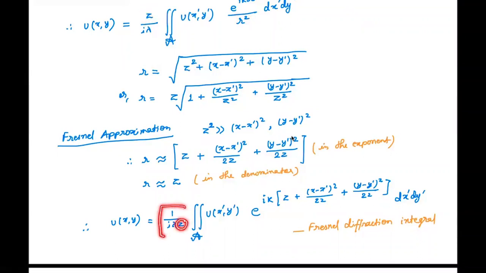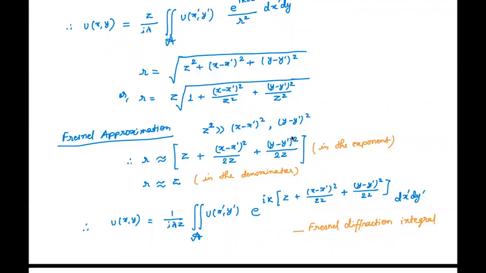That gives me i lambda z. u(x prime, y prime) remains as such, dx prime dy prime is what it is. And then R, I have opened it up as e to the i k R. So this R is this quantity after the Fresnel approximation: z plus (x minus x prime) whole squared by 2z, plus (y minus y prime) whole squared by 2z. This is called the Fresnel diffraction integral or Fresnel diffraction formula.